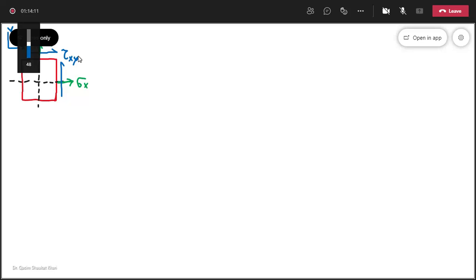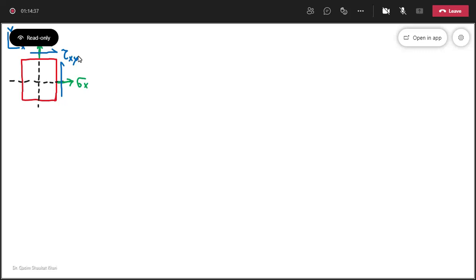So we will derive the equations to relate the normal stresses sigma x, sigma y and tau xy with theta, so that if I put the value of theta, I get the transformed normal stresses and transformed shear stresses. Fine. So let's see this.